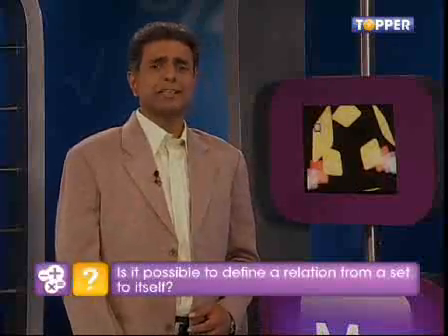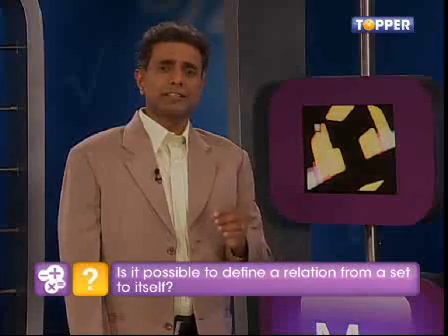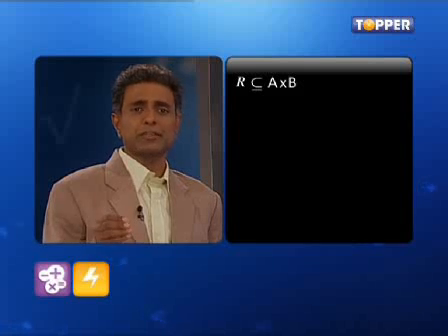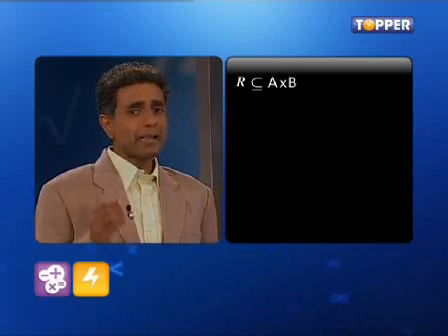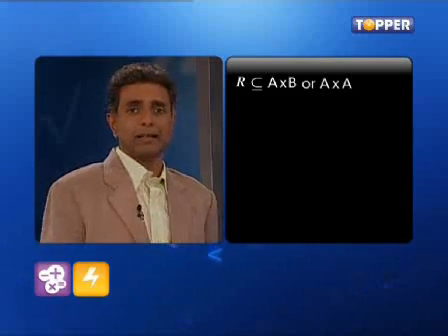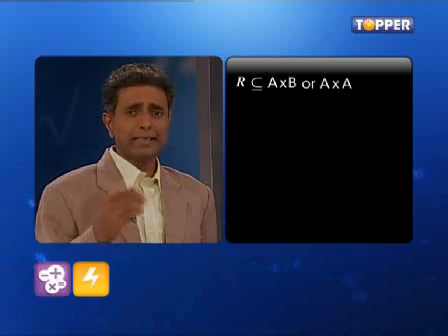Excellent question, Jyotika. In fact, I was just coming to that. We can indeed define a relation from a set into itself. Let me tell you how. We know that a relation is a subset of the Cartesian product of two sets A and B. Hey, nothing stops us from considering the second set B as A itself. In fact, the product A cross A is well defined, right?